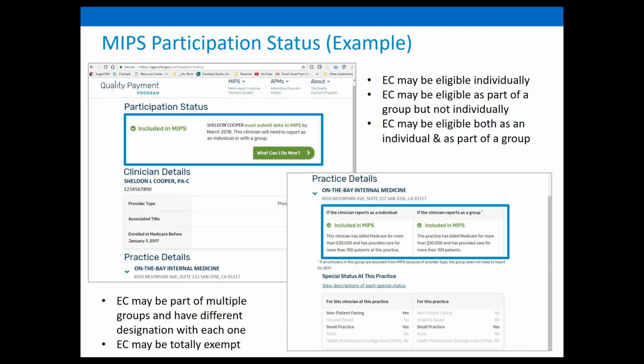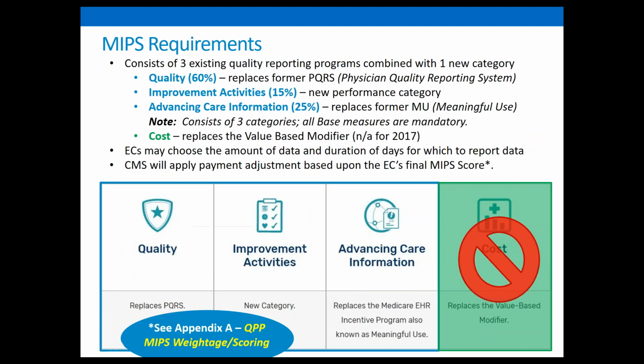You may not be eligible at all. This is all based on your Medicare volume, both the dollar amount that you bill for allowed Medicare charges, as well as the number of Medicare patients that you treat. So it is important that you go in and verify if you're eligible or not.